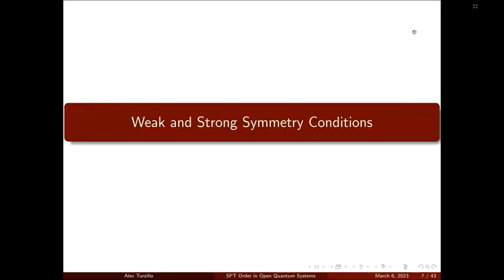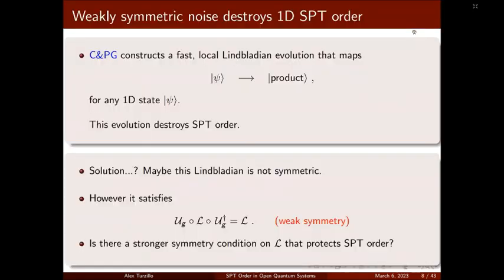So let me say a little bit more about these two symmetry conditions and give several perspectives on them. First, I want to talk about how weak symmetry is not strong enough. In this paper I mentioned by Coser and Perez Garcia, they construct a fast local Lindbladian evolution that takes any 1D state and maps it to a product state. So clearly this is destroying SPT order.